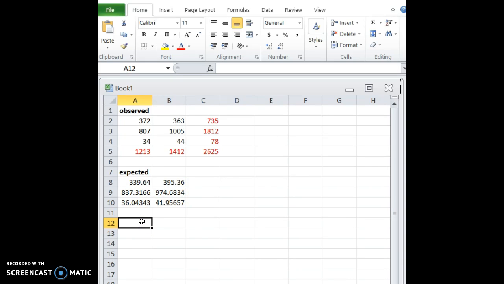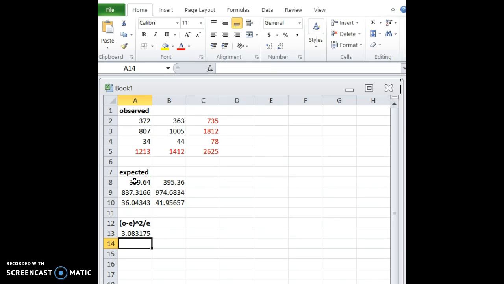Now the chi-square statistic is going to be the observed minus expected squared divided by the expected values. Go ahead and make that bold. So I just say equals, and I put in parentheses observed minus expected, close my parentheses. Use that caret to say square, divide by expected value.